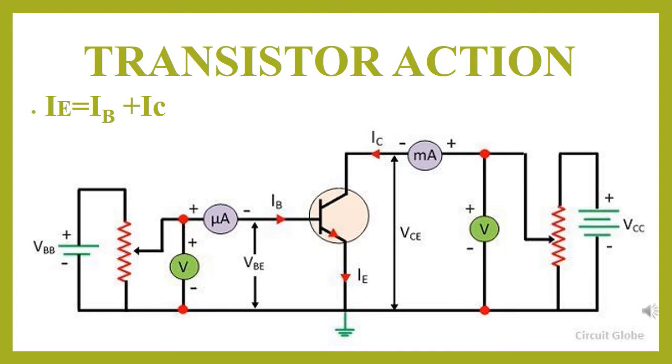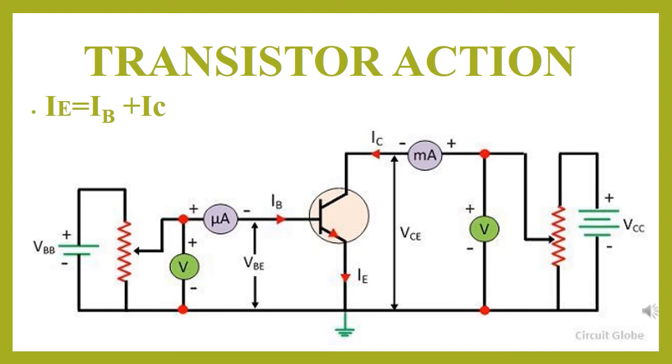One is forward and one is reverse. We also call the area with base and emitter the input, and the base and collector region the output. So we will see input characteristics and output characteristics. This will help in understanding the working of the transistor more clearly.